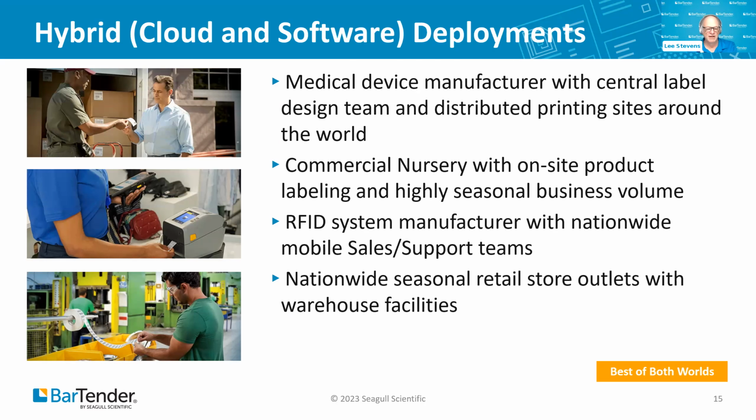You want to look at each one of them and make a decision. Is this one where the advantages of cloud really give me benefits? Or is this one where I really need that speed and security that I get with premise-based? And then with BarTender, you're able to pick and choose and combine the two.